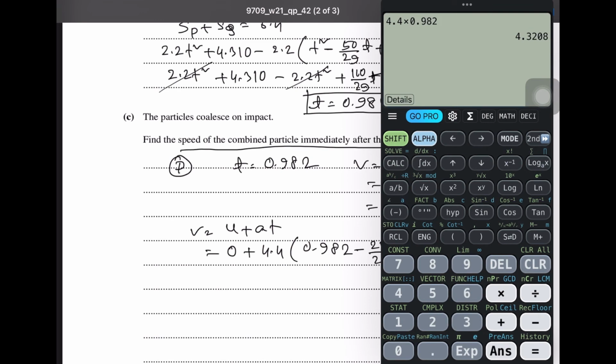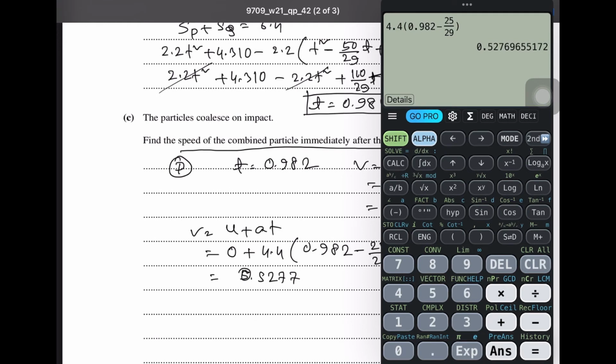Now let me simplify this. 4.4 times 0.982 minus 25 divided by 29 is becoming 0.5277.